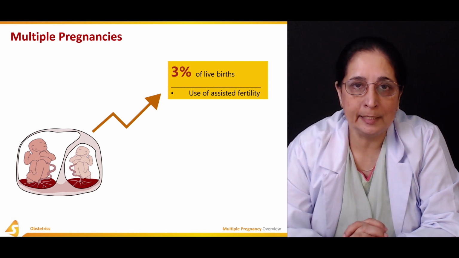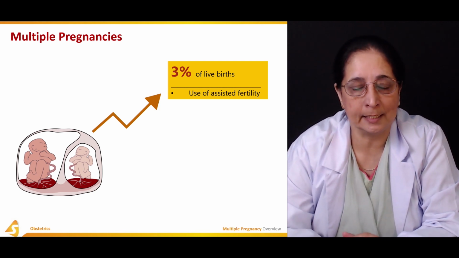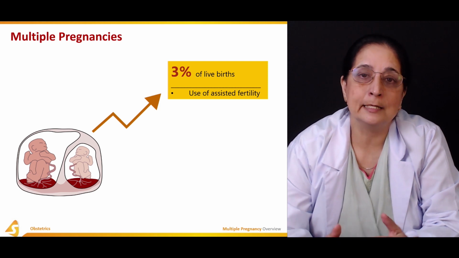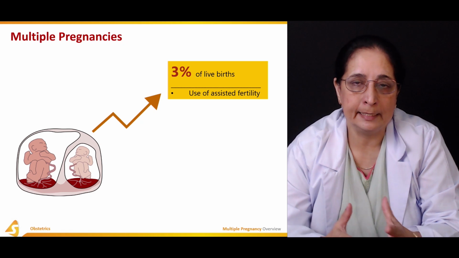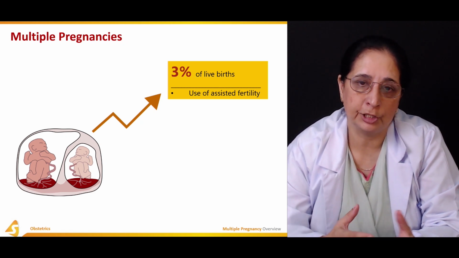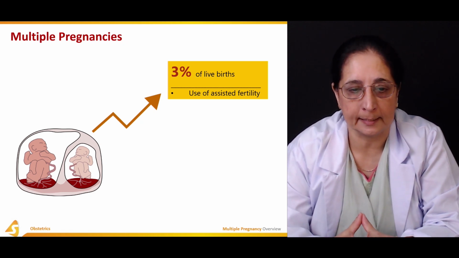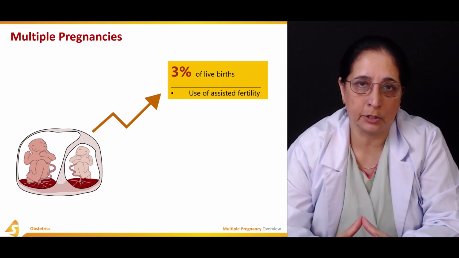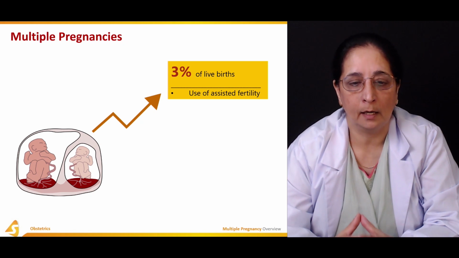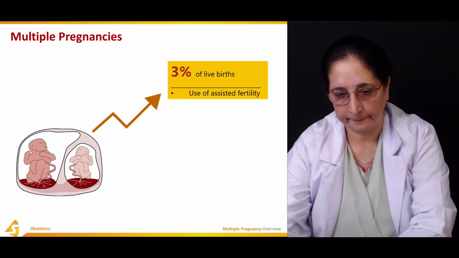So it's usually a result of assisted fertility or treatment of infertility that leads to multiple gestation. Its incidence is about 3% of live births.